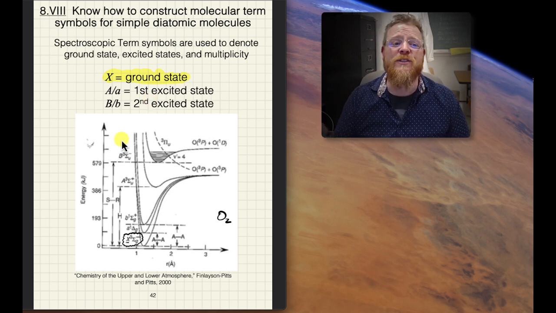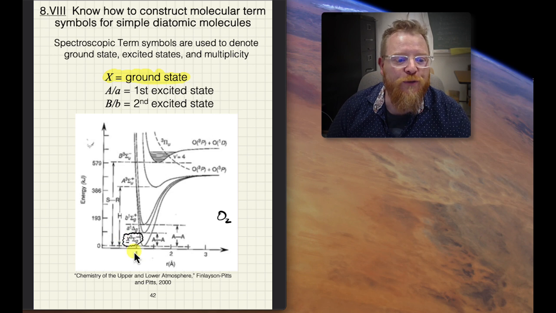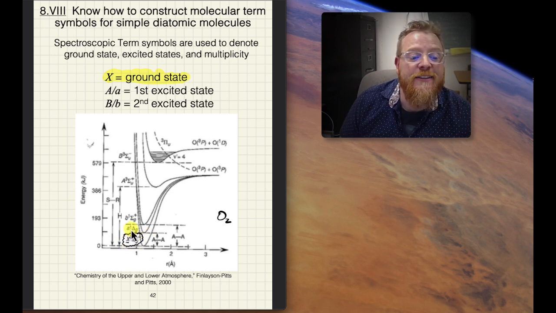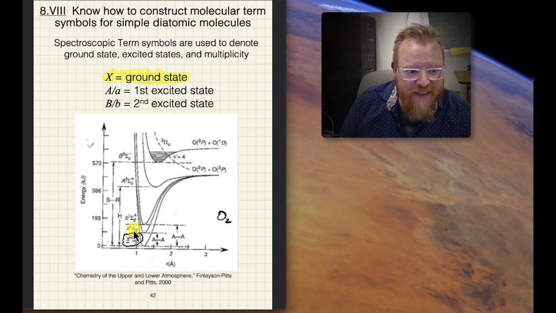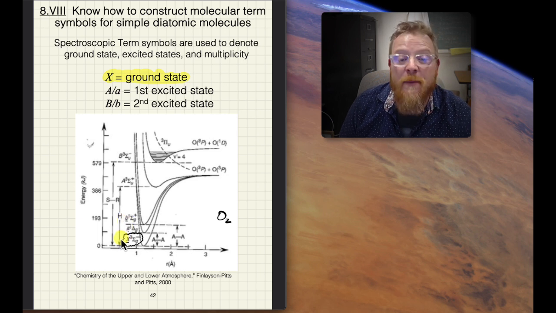And typically we use either a capital or a lowercase to indicate that the multiplicity has changed. So for example, if we look at the very next state up, it's a singlet, delta g, and now because the ground state was a triplet, it goes from being a capital letter to a lowercase a. You notice now the next excited state is a singlet sigma g plus, so we give that a lowercase b.